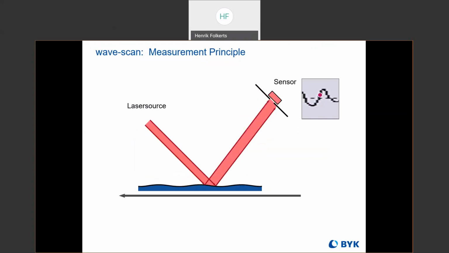As it rolls across the surface, the waviness, the structures in the surface are going to cause that laser beam to deviate, and the sensor is detecting the positioning of the reflected laser, rather than like a spectrophotometer or a gloss meter where it's detecting how much light is reflected. This is detecting the deviation of that light.